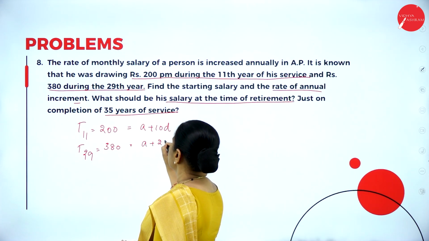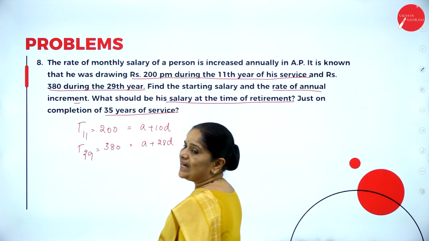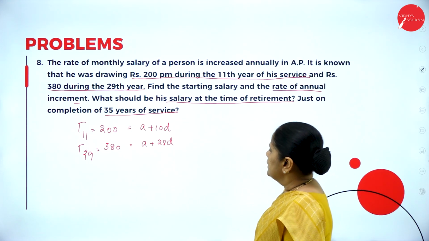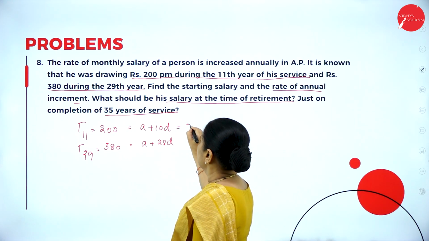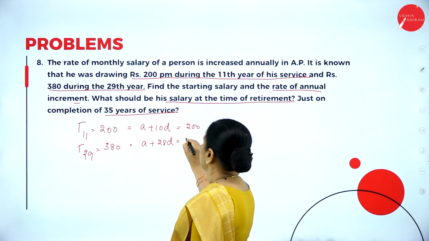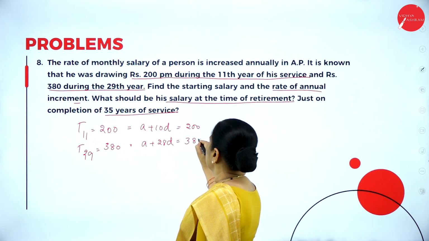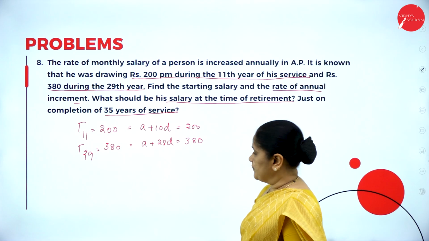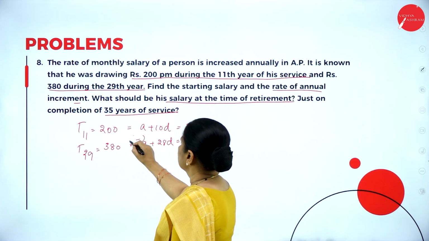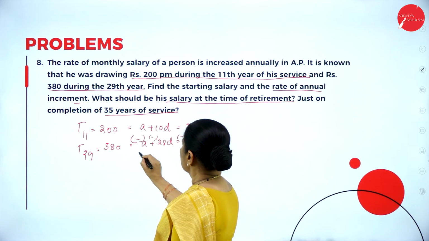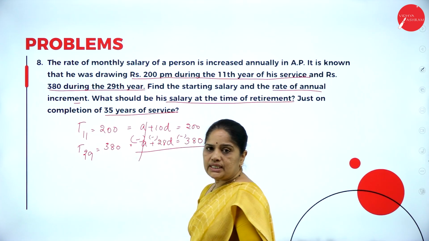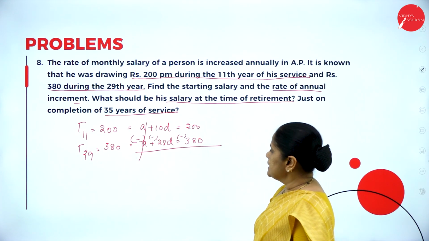T29 equals A plus 28D. So A plus 10D equals 200, and A plus 28D equals 380. We are subtracting both the equations. When we subtract, A and A get cancelled.